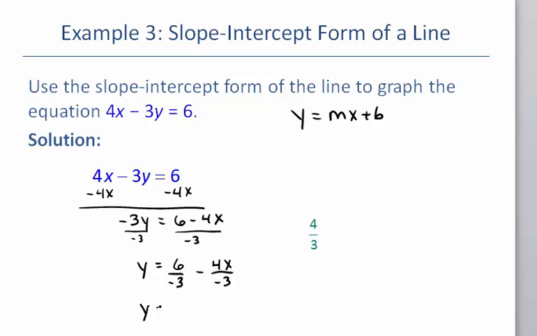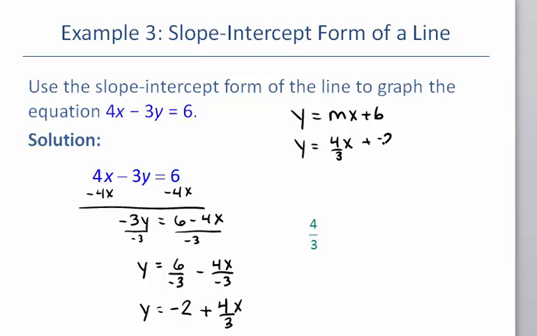So that gives me negative 2 for the 6 over negative 3. The two negatives on the second term make a positive, and we have 4/3 x. And so I'm simply going to rearrange the order of these two terms and write the 4/3 x first and the negative 2 second.